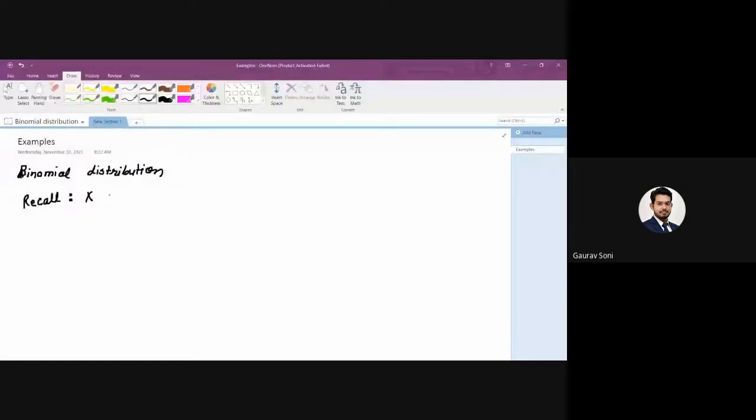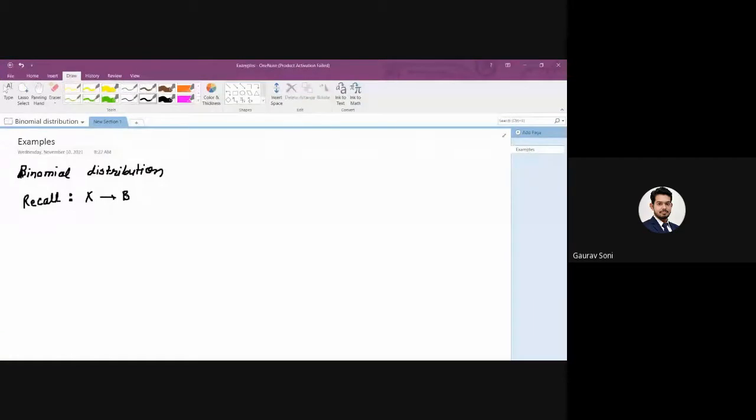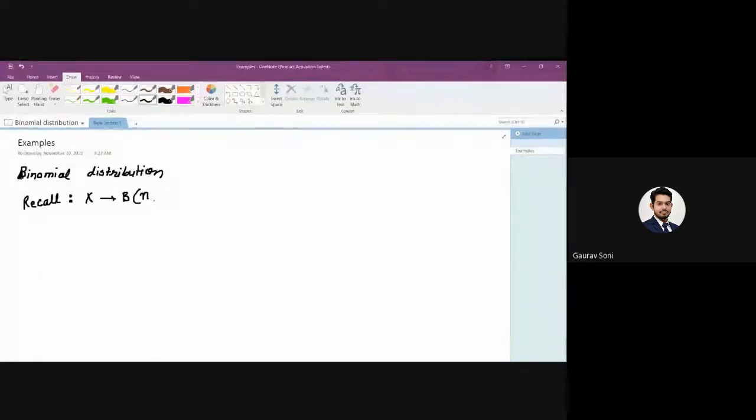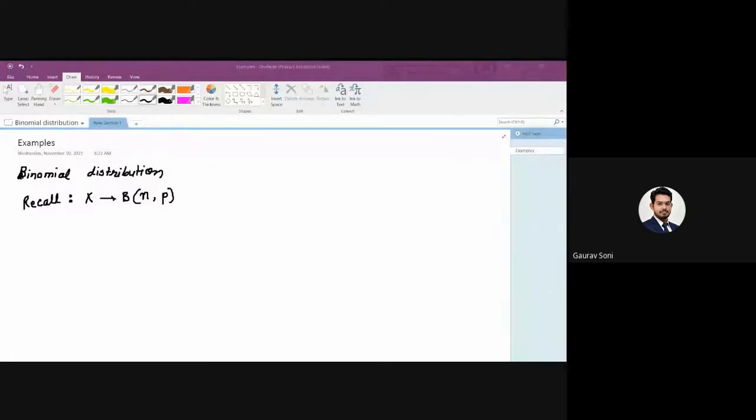X is a variable which follows the binomial distribution with the parameters: number of trials n and probability of success p.